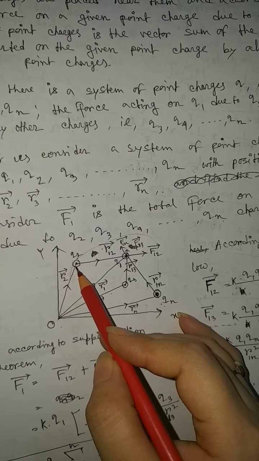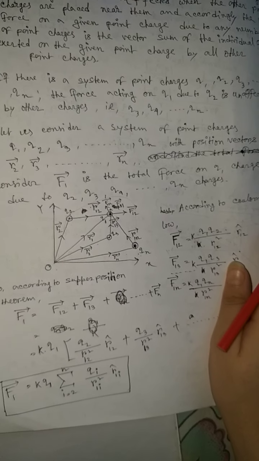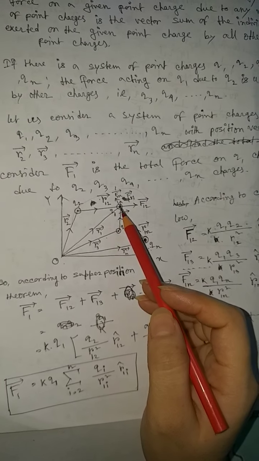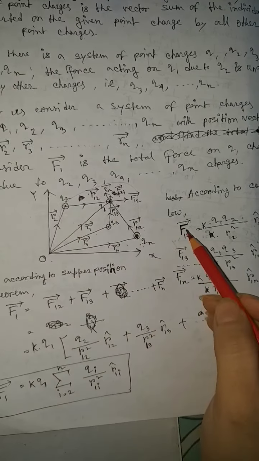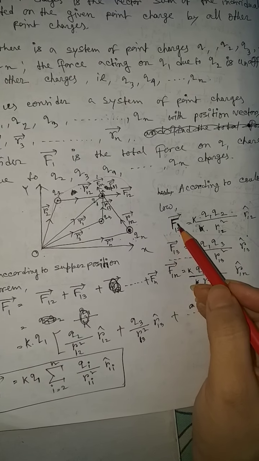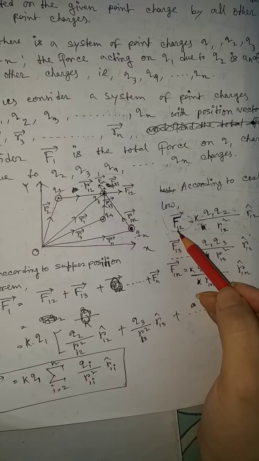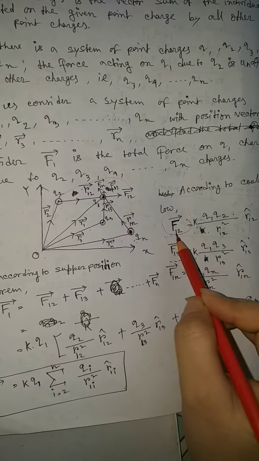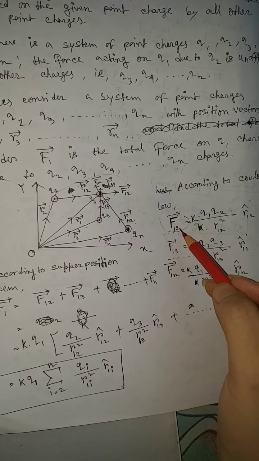If we apply Coulomb's law, F12 indicates the force exerted on Q1 charge due to Q2 charge.